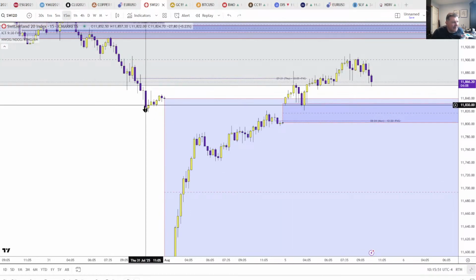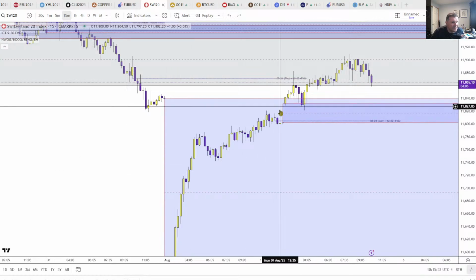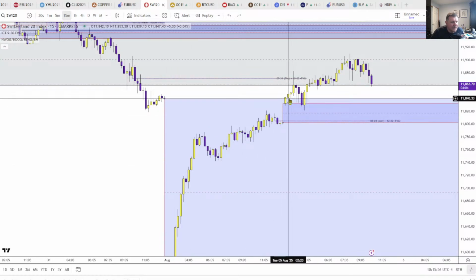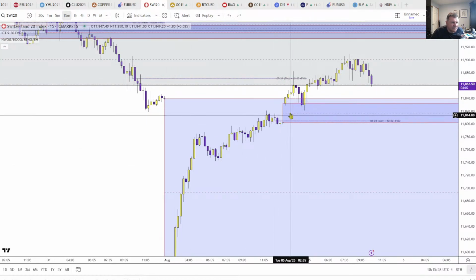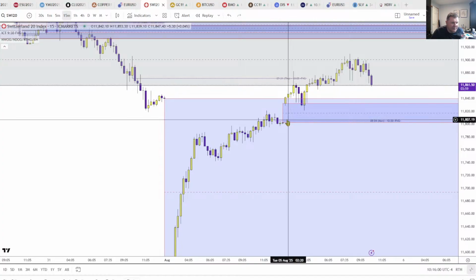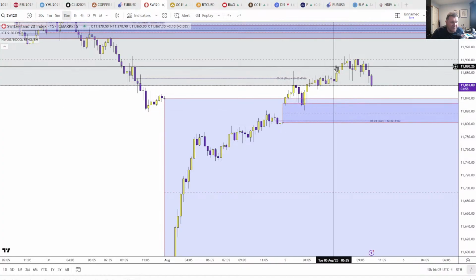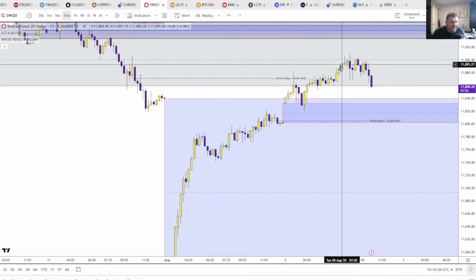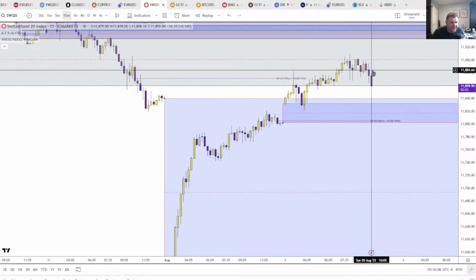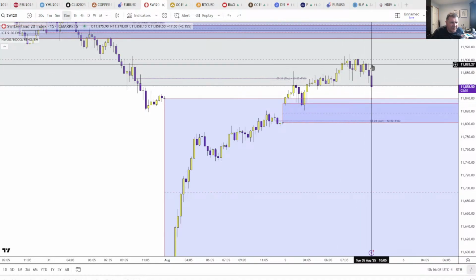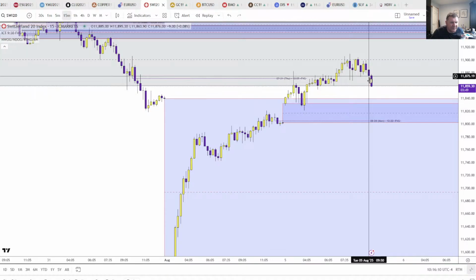So I do like the fact that we popped up above the gap, a small little gap here, tapped it, went higher, and the fact that you got a reversal right here on a 15-minute chart, if you come back up, you've retested the high of it, and we've gone lower.